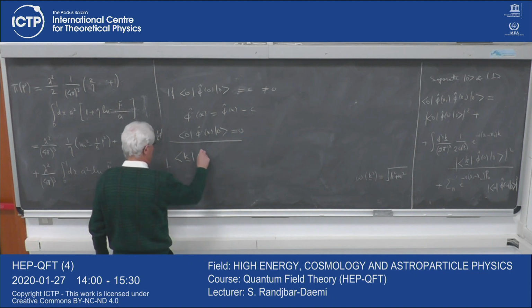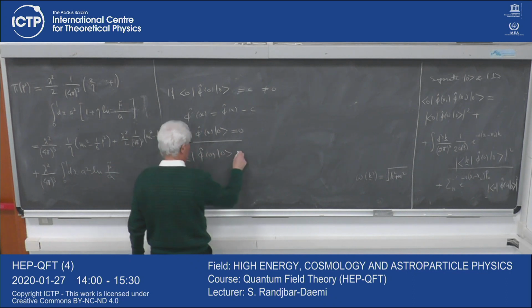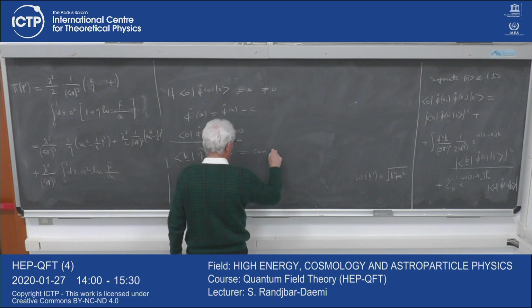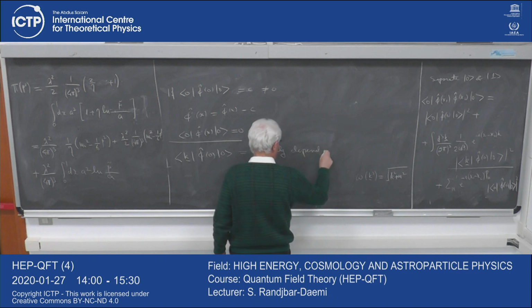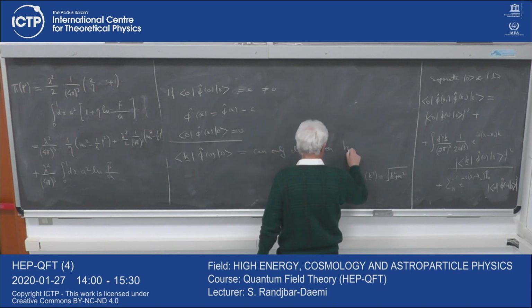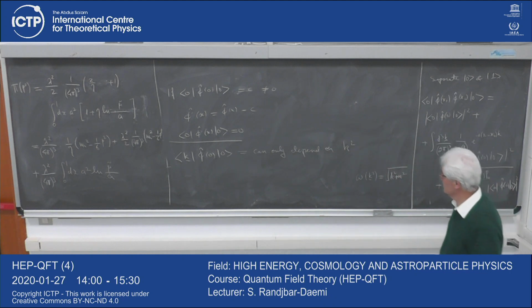So phi hat 0 ground state can only depend on k squared by Lorentz invariance.